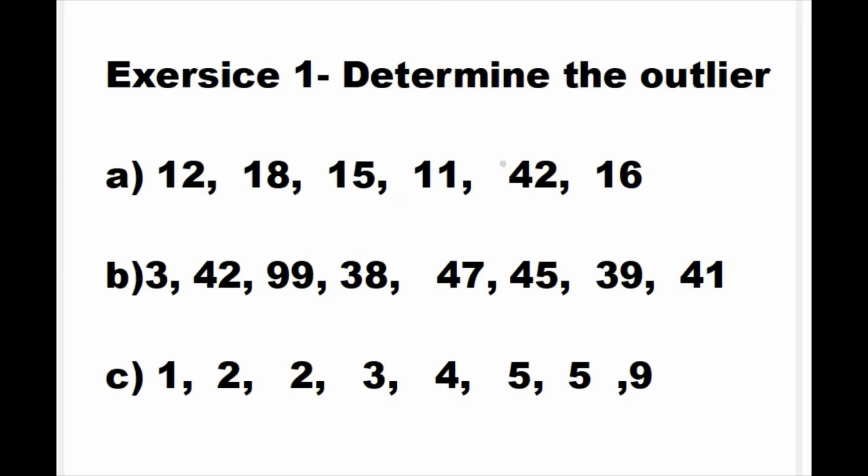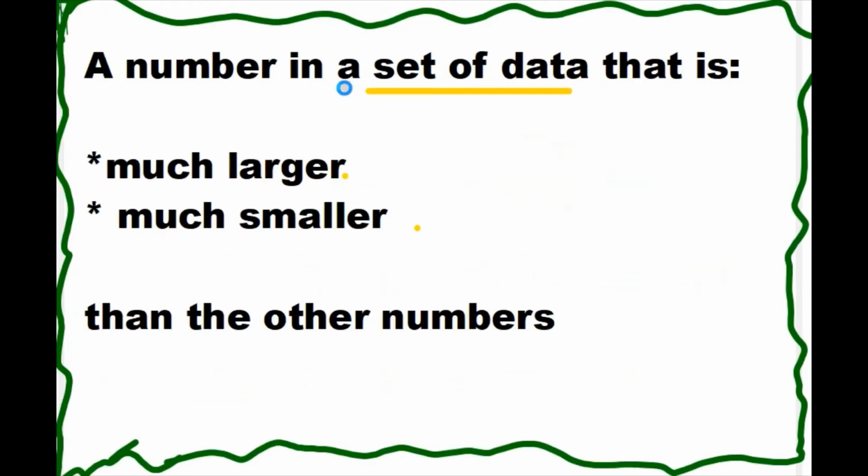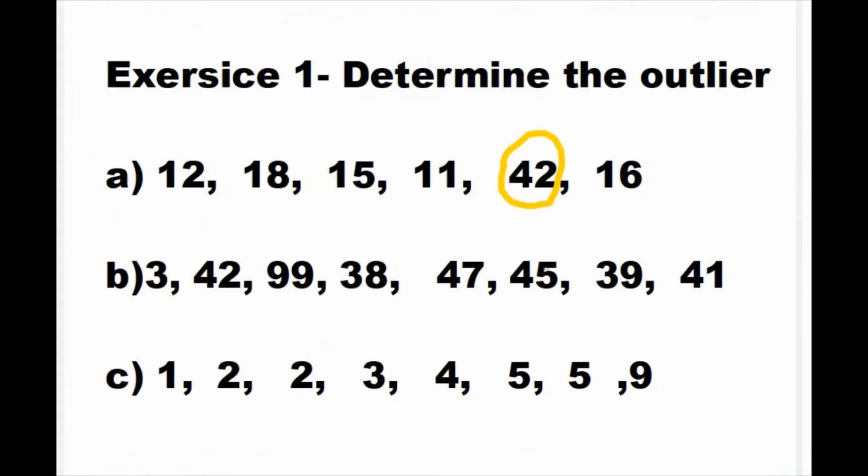We can already see that this number is much larger than the other numbers in the sequence. So 42 is our outlier in our first example.